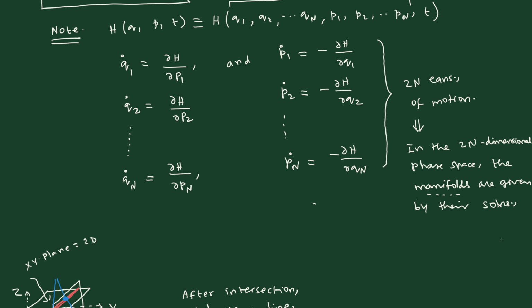Here you see that in the 2n-dimensional phase space, you have the manifolds. Manifolds means the set of complicated curves that you have in the 2n-dimensional space. In that system of curves, you make a cut, and the cut is made by a level surface.